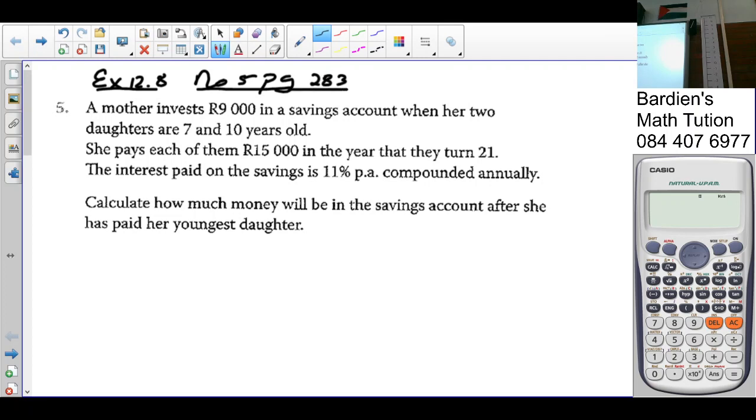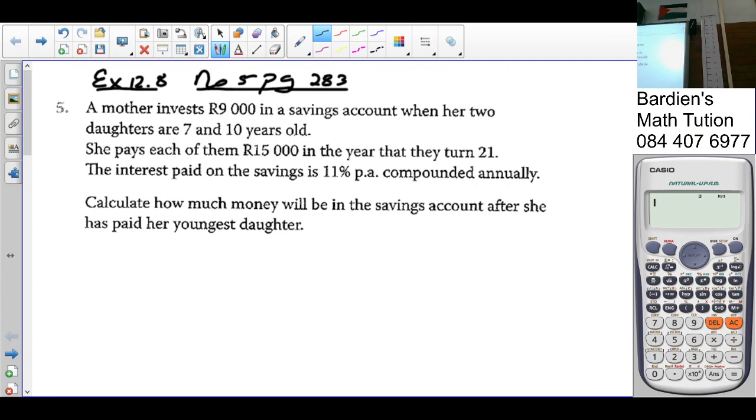Okay. We are told that a mother invests 9,000 rand in a savings account when her 2 daughters are 7 and 10 years old. She pays each of them 15,000 rand in the year that they turn 21.